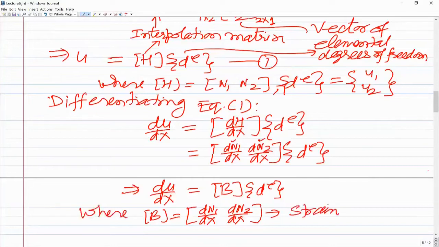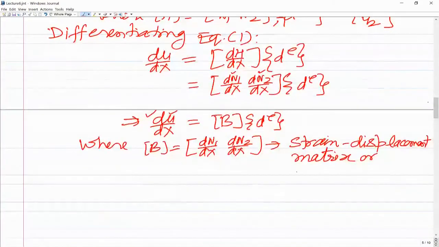It is referred to as the strain displacement matrix because du by dx, as you know, is the strain epsilon xx. Through the B matrix we get the relationship between this strain du by dx and the vector of elemental degrees of freedom d, which is basically a displacement vector. So that is why this is known as the strain displacement matrix. Or for example, in heat transfer and fluid mechanics problems, we call this a gradient matrix.